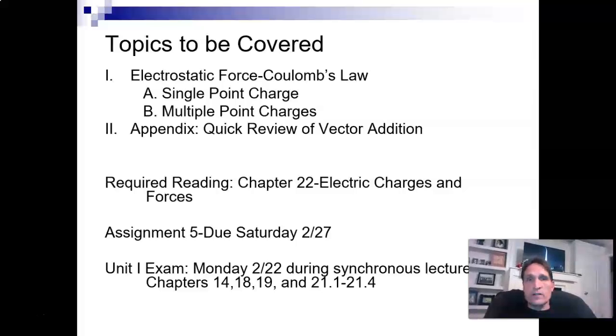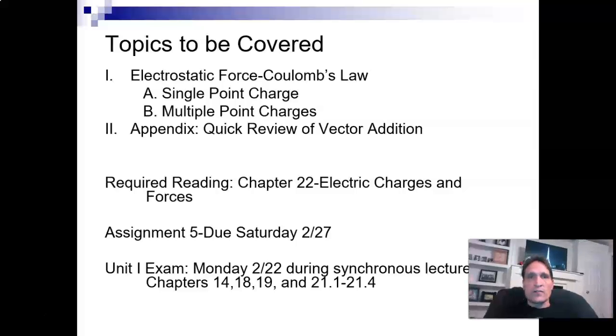This will lead into several applications, and then after we do electrostatics, we're going to get into electricity, voltage, current, and at the end, electromagnetic radiation. So we're going to start with what's called Coulomb's law, and that's used to calculate the force between charges.